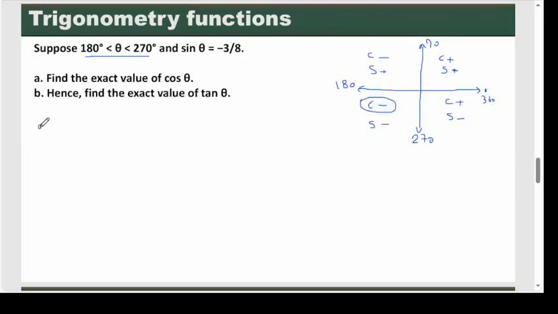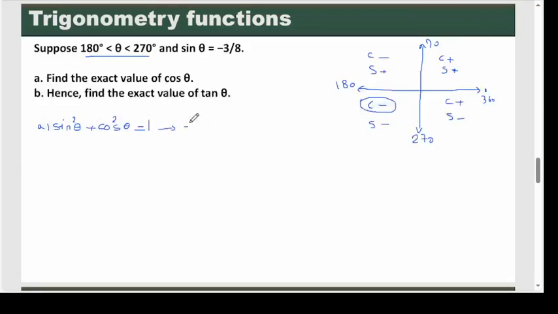So for part A, I have a formula that says sine of theta to the power of 2 plus cosine of theta to the power of 2 equals 1. I substitute negative 3 over 8 in this equation.